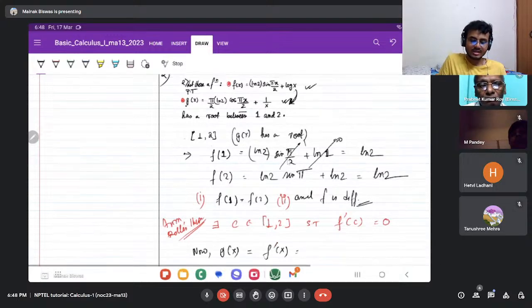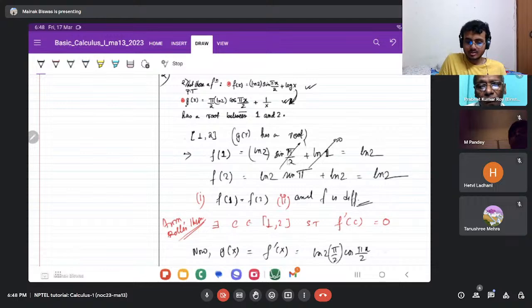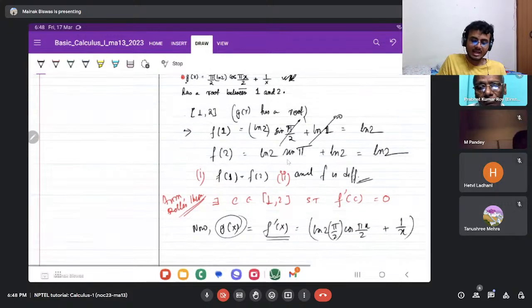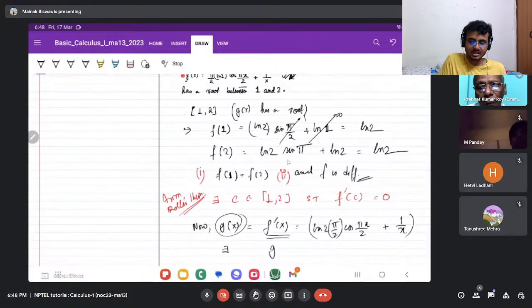Just differentiate f of x, you get log 2 cos pi x by 2 into pi by 2 plus 1 by x. Agreed? So f dash x is nothing but g of x. So g of x will have a root. So there exists a C such that g is 0. Hence proved.